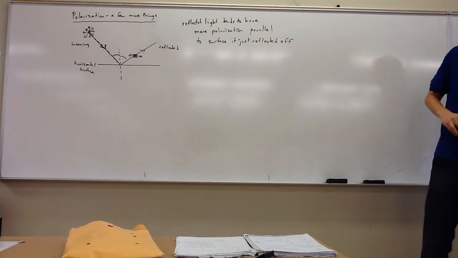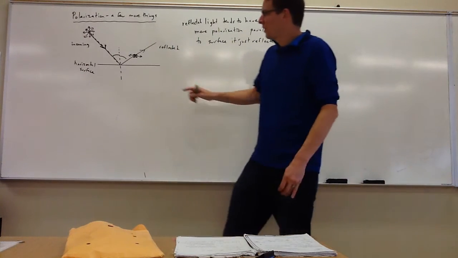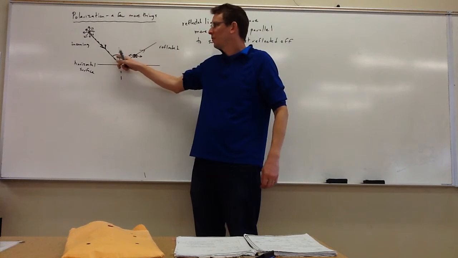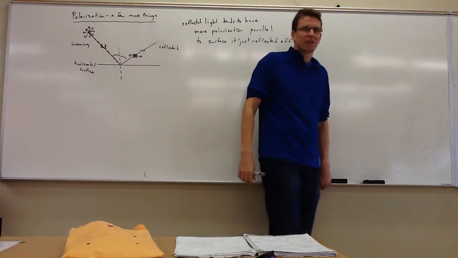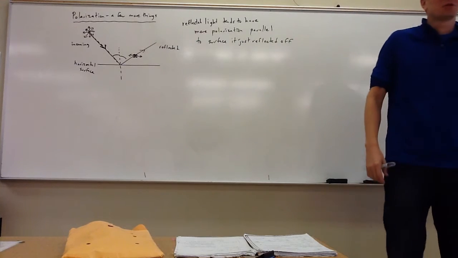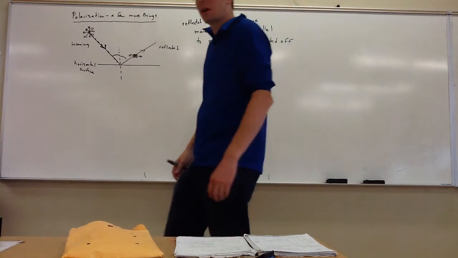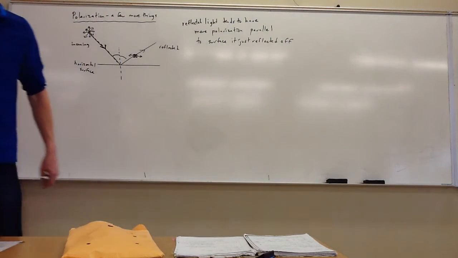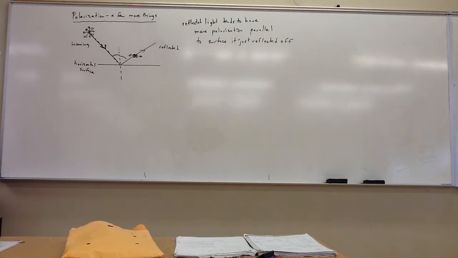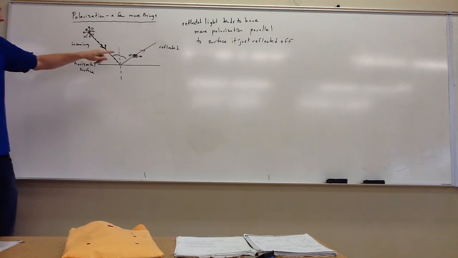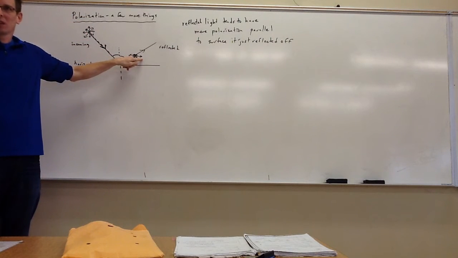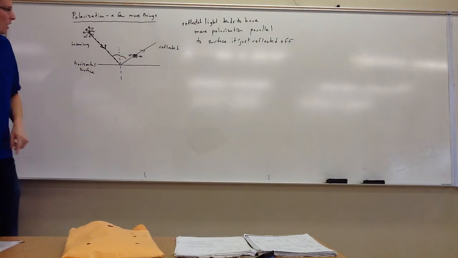And I guess I should mention that there's one specific incoming angle where not only is the light highly polarized, it's perfectly polarized. That's something called Brewster's angle that I'm not going to talk about in this course. Maybe it's mentioned in your book. But I do want you to understand that for a wide variety of different incoming lights, the reflected light is quite polarized, parallel to the reflecting surface.